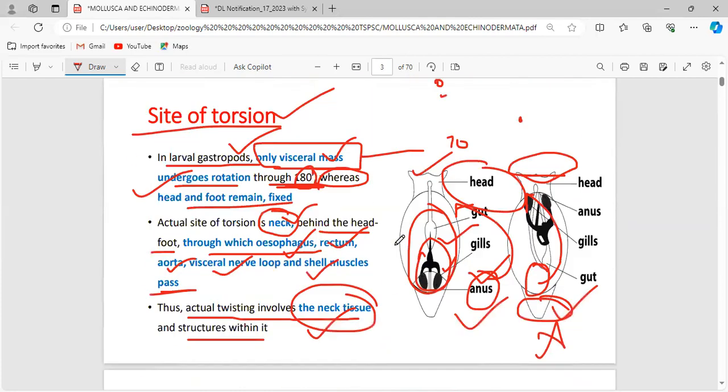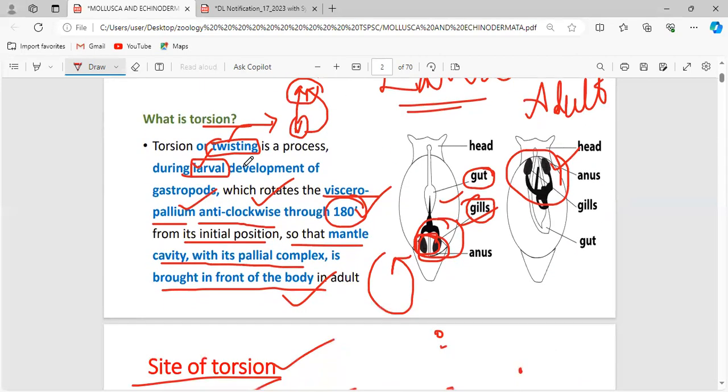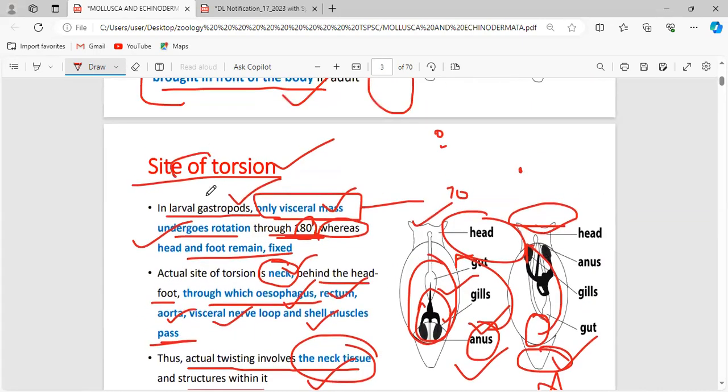Okay, see what questions are possible to ask: torsion and detorsion take place in which phylum and which class. This is the first thing you have to keep in mind. And the second thing is what is happening with respect to this torsion, what is the exact location, that is the neck region, how many degrees it will rotate, and after rotating, what regions remain fixed before torsion and after torsion.